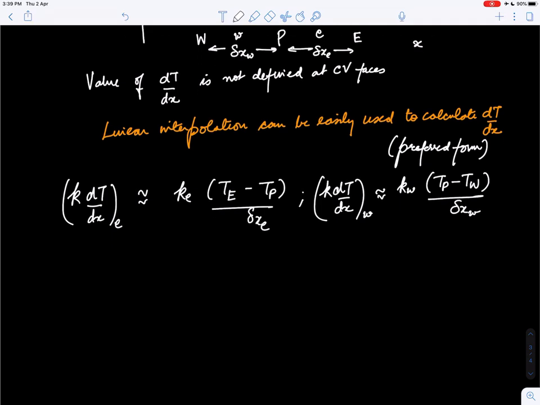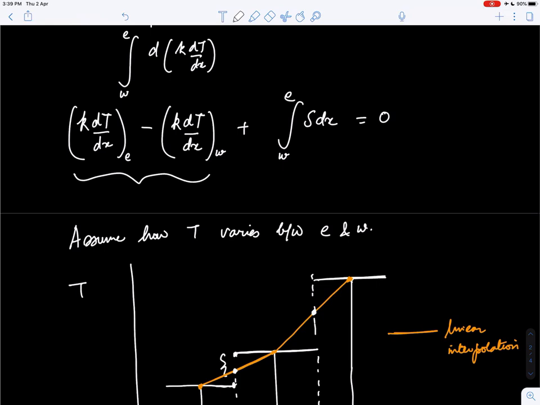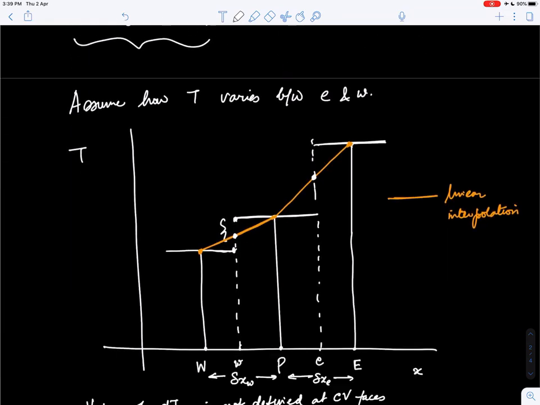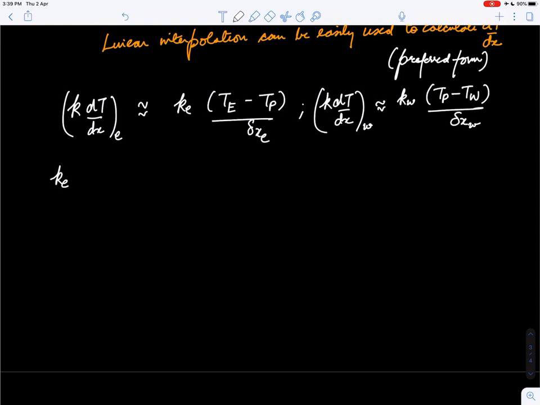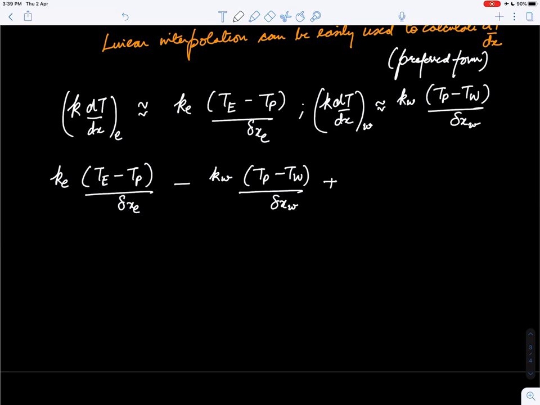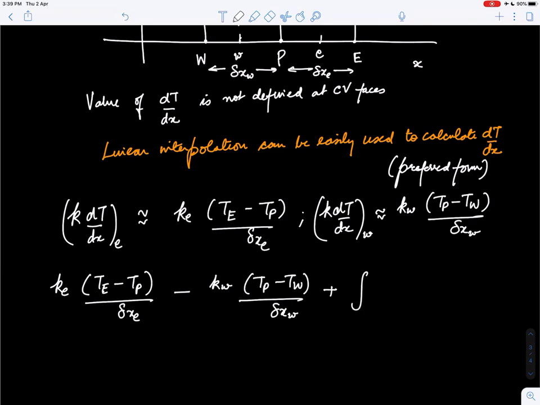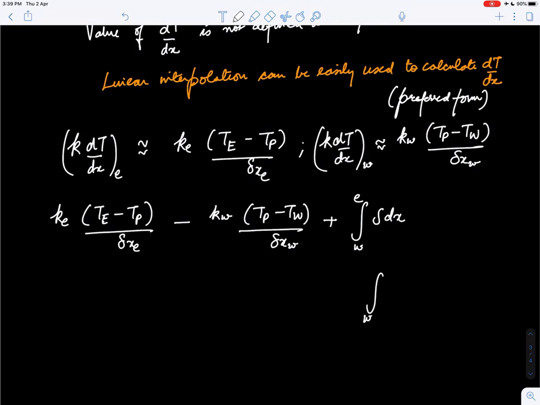So now what do we have? If I put these approximations into this conservation form of the equation, or into this integral form of the equation, what we'll have is k_e (T_E minus T_P) by delta x_e minus k_w (T_P minus T_W) by delta x_w plus, and what I'll do now is, instead of writing integral S dx between w and e, I could say integral S dx is some average value times delta x, because remember the control volume has the width of delta x.